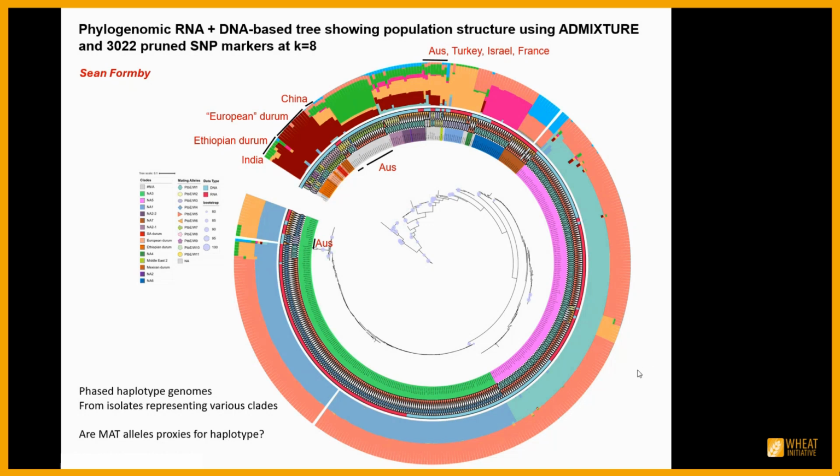And the answer is it can be for certain clades, but there are exceptions. So we need to find other markers to get a quick handle on what lineage we have if we have analyzed a different isolate.